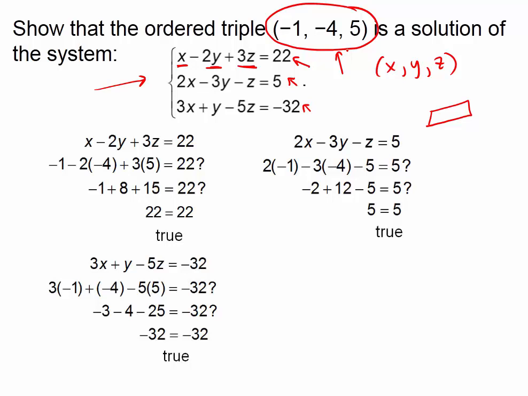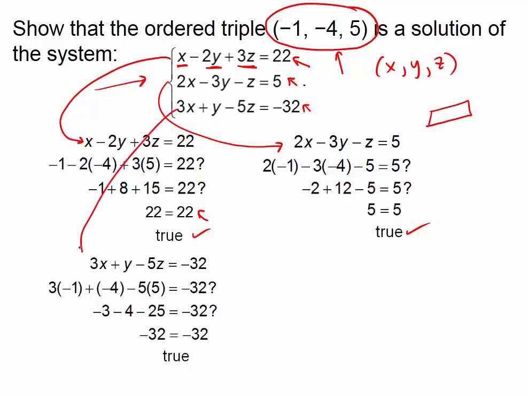All we're going to do is plug these values into each of the equations and make sure we end up with a true statement. So you can see me here taking the first equation and plugging my x, y, and z in there, and notice I end up down here with a true statement. So I'd say, all right, that works in equation 1. Now I'm going to check that in equation 2, and sure enough, I end up with a true statement down there.